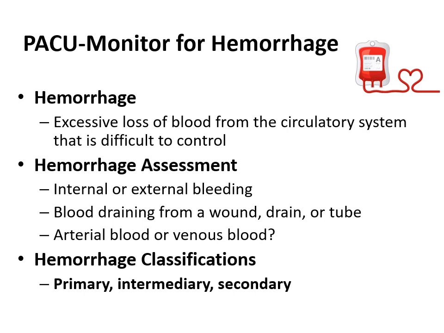So either one of those things could be bleeding internal or external. We could also see blood draining from a wound. If we pulled up the gown and were assessing the dressing on the wound, we could see all this excessive drainage from the wound happening.